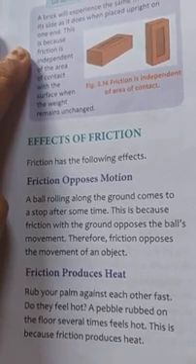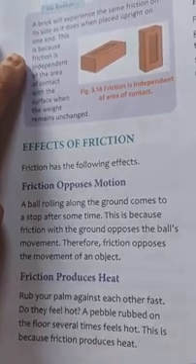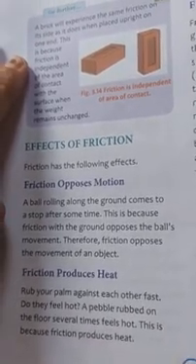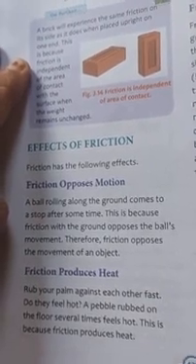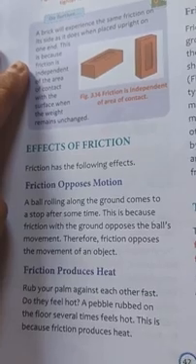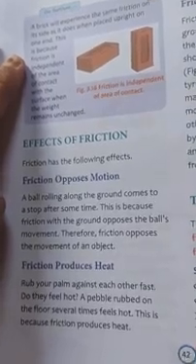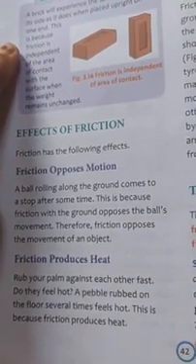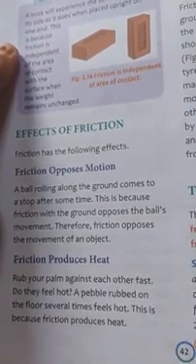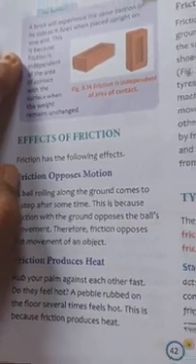The second point is that friction produces heat. When we rub our palms against each other, our palms feel what? Hot. In the same way, if people rub their feet on the floor several times, it feels hot. This is due to friction.